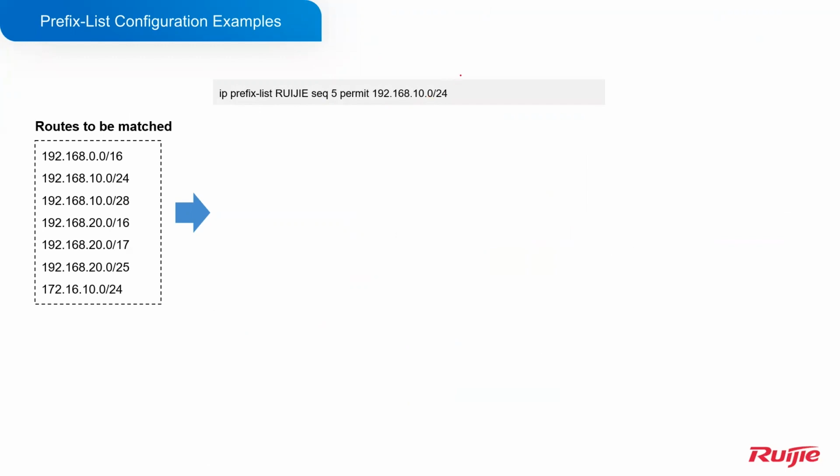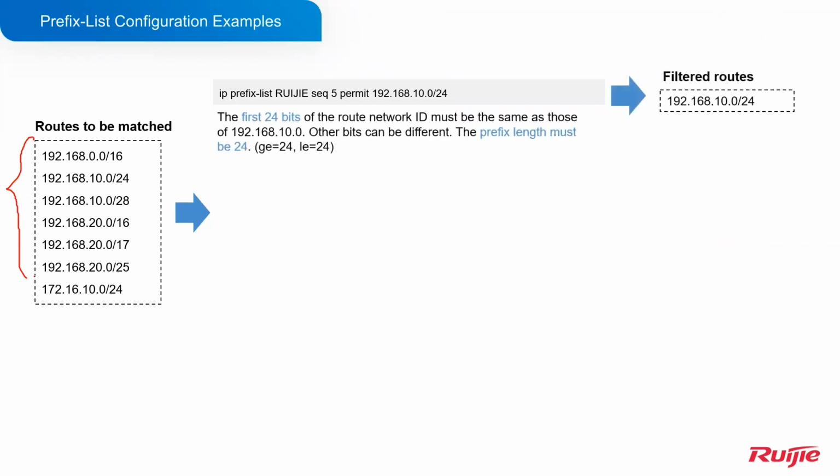If we use this prefix list, which of the entries in this table will be matched? The result is 192.168.10.0/24. Because the first 24 bits of the route network ID must be the same as those of 192.168.10, other bits can be different. And the prefix length must be 24. Okay, so the result is this.